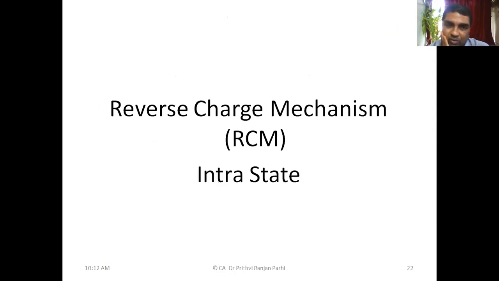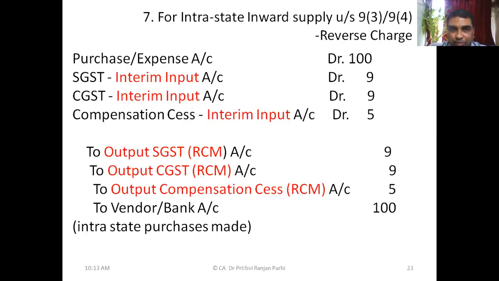Okay, now this part is a little complex. Once again, I request you to be very attentive. If reverse charge mechanism is applicable, the concept of reverse charge mechanism you have understood at a very brief level. We'll be learning it in detail subsequently. But what kind of entries have to be made for that?